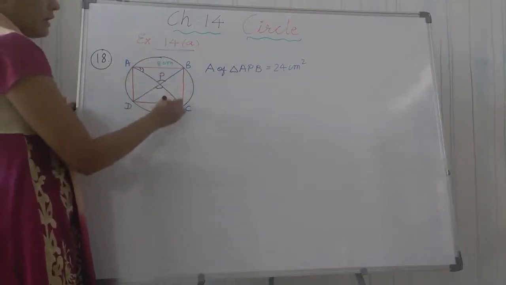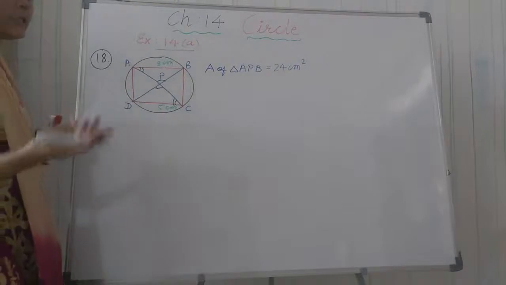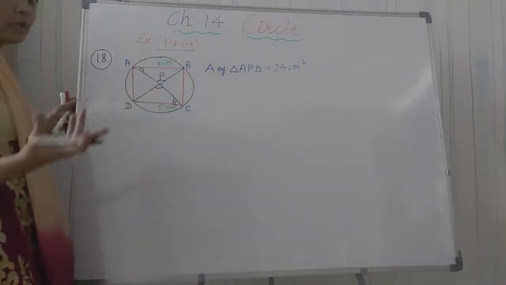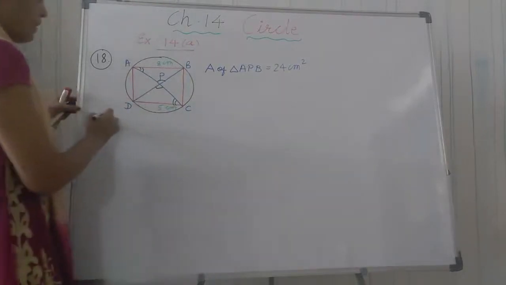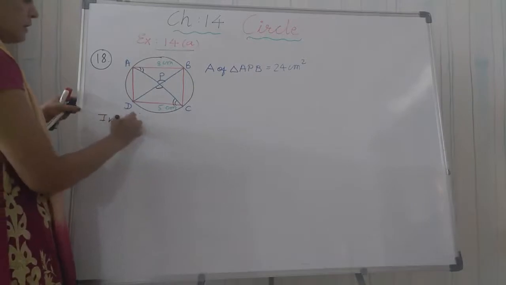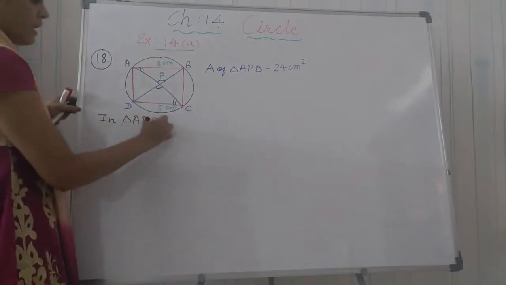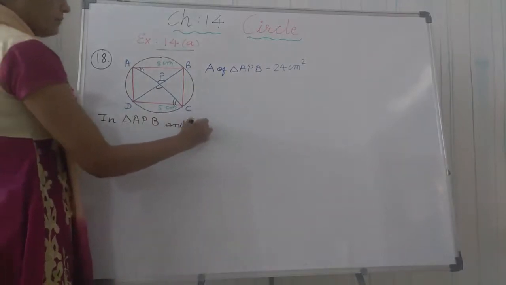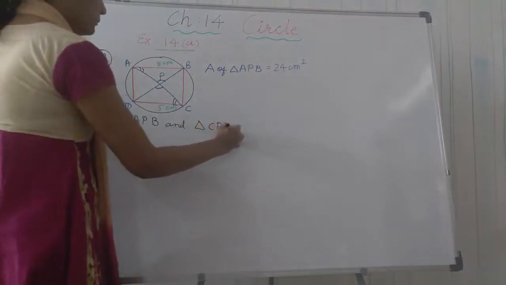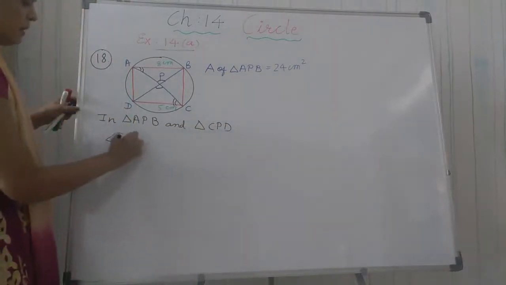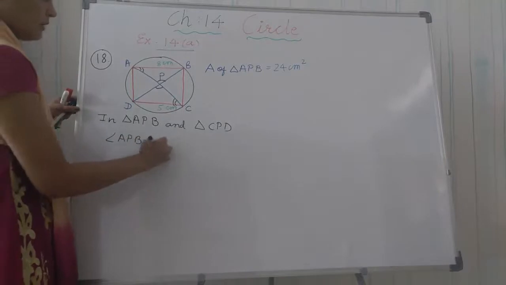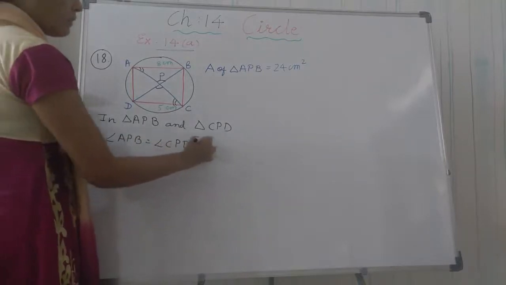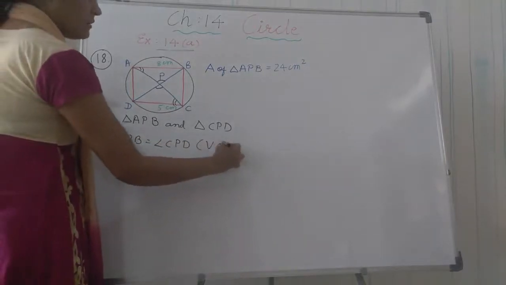And the third angle of the triangle is obviously equal if two angles are equal. So we write, in triangle APB and triangle CPD, angle APB is equal to angle CPD, they are vertically opposite angles.